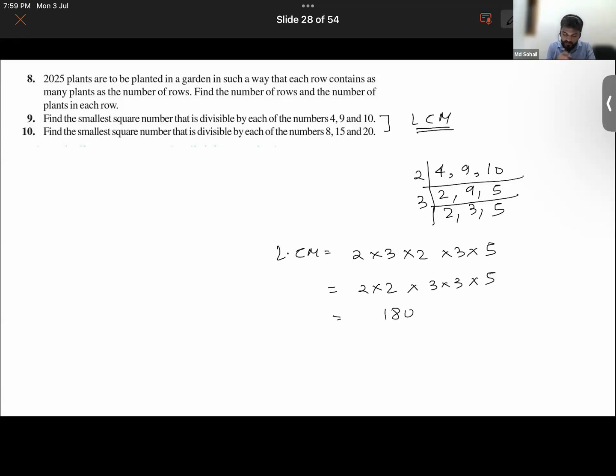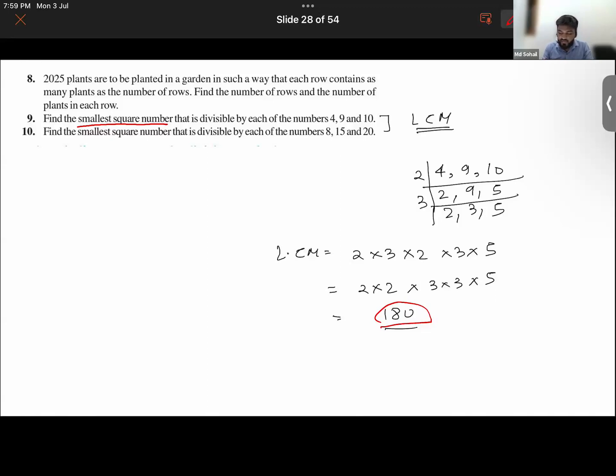But we need to find the smallest square number that is divisible by each of the numbers. So see if this 180 is divisible by each of the numbers or not. Yes, but here's the catch: 180 is not a square number.